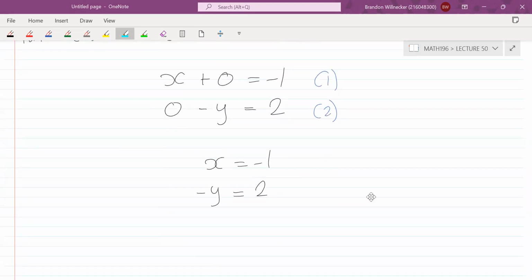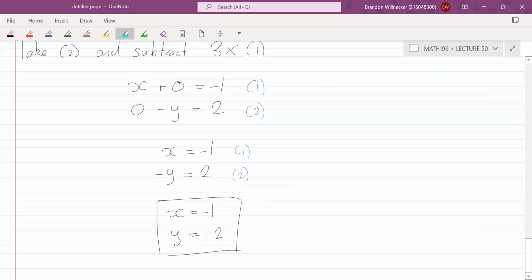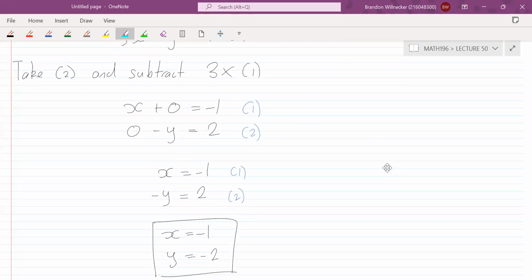Now, that's equation 1 and 2. But we don't want minus y, we want y. So let's multiply through by minus 1. So we get x is equal to minus 1 and y is equal to minus 2. Okay, so you see that using those 3 operations, we can solve for x and y.